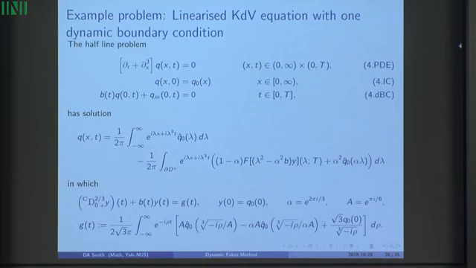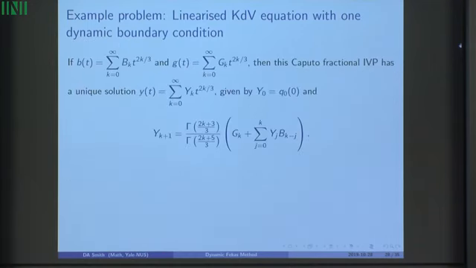So we've only got one boundary condition to get rid of one of them, but we can use 2 copies of the global relation under 2 different cube root changes of variables, and that's why. And then you have to eliminate the Neumann term, and that's why you end up with a more complicated formula here. But then you get a 2/3 fractional Caputo initial value problem with a more complicated right-hand side, but still you can solve it.